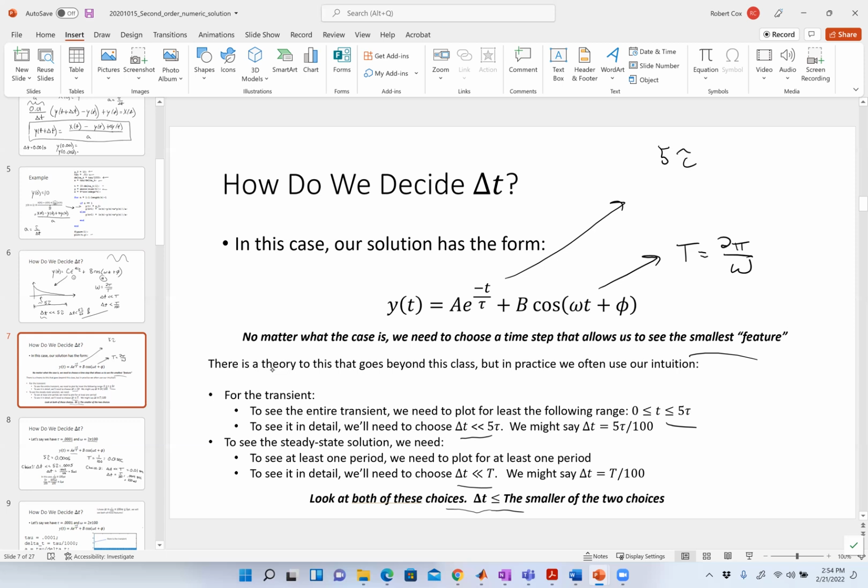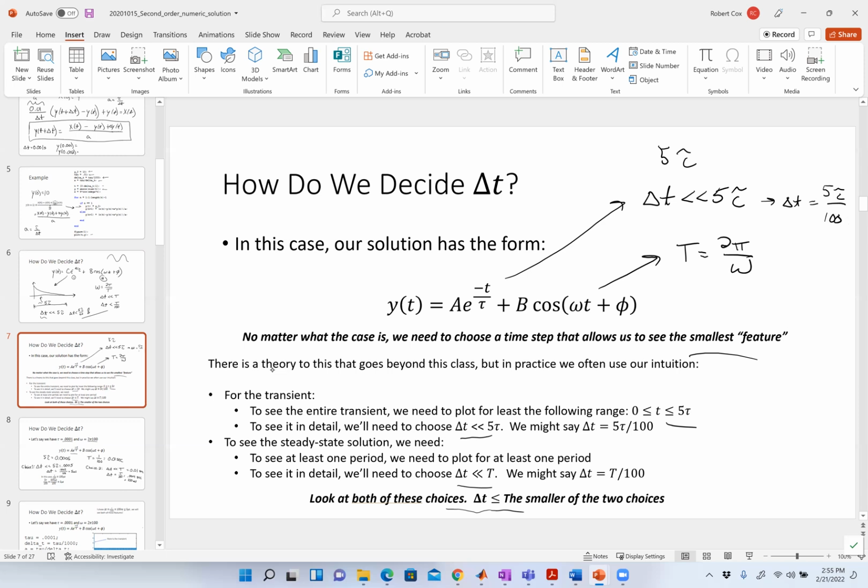To see the exponential, I said I wanted to choose a time step delta t that was much, much less than 5 tau. So I gave this definition of much, much less than. It means it needs to be a lot smaller than. So what's a good choice for much, much less than? Basically, 5 tau divided by 100.